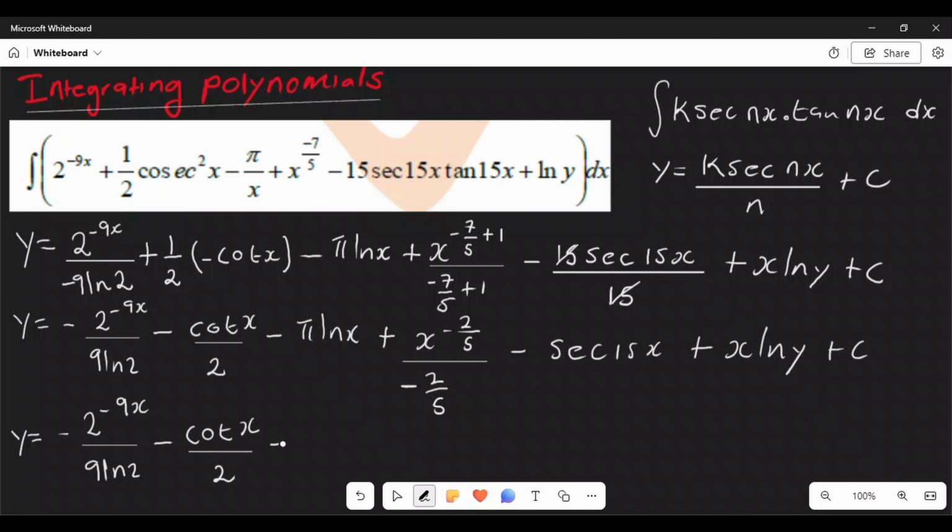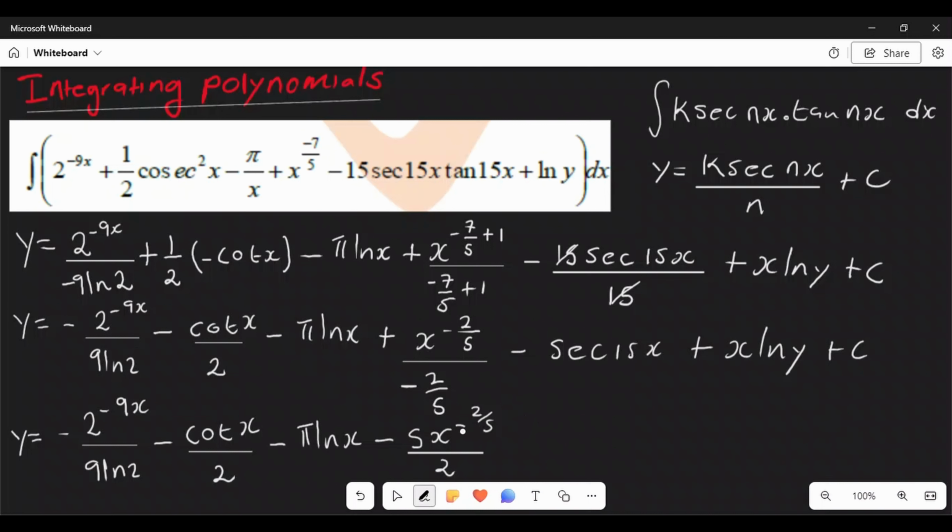And then the third term, it's negative pi natural log x. And then this one here, which is the one that made us rewrite this, is going to be negative because of this negative. Now this 5 here is going to go to the numerator. It's going to be 5 multiplied by x to the power of negative 2 over 5. All this is going to be over 2.